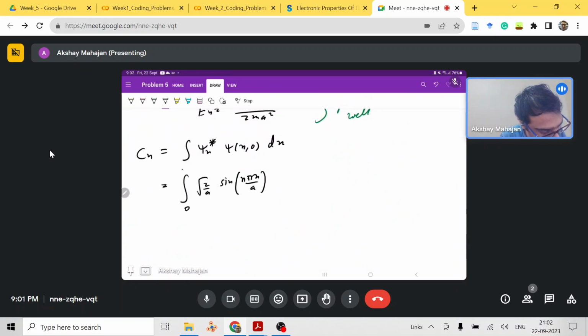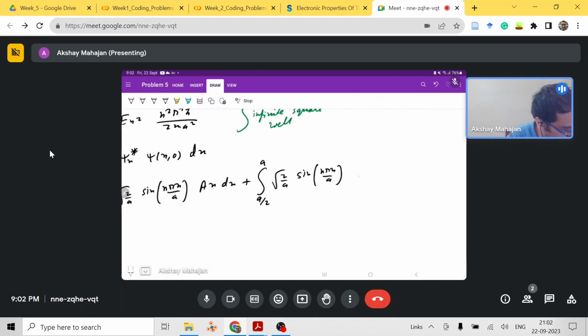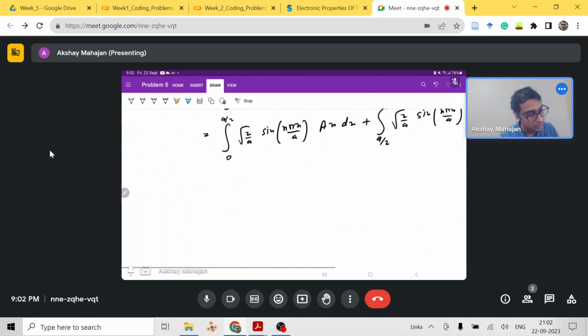So it will be 0 to a by 2 of ax dx, plus integration from a by 2 to a, under root 2 by a sin of n pi x by a, times a times a minus x times dx. Alright, so we have to solve these two integrals.